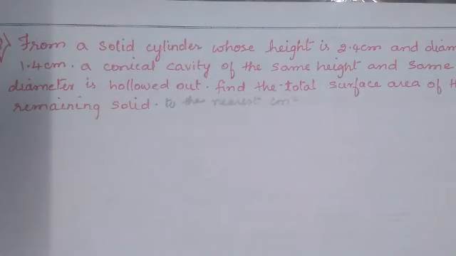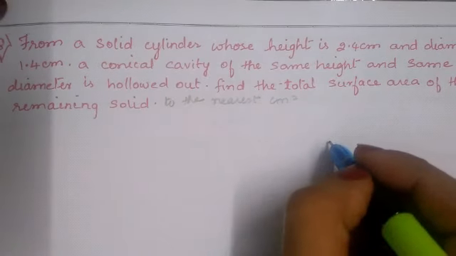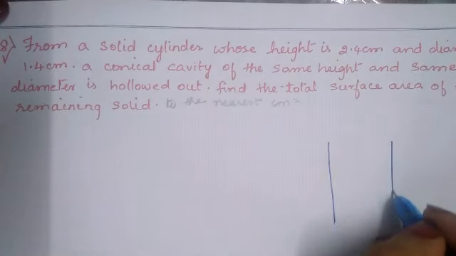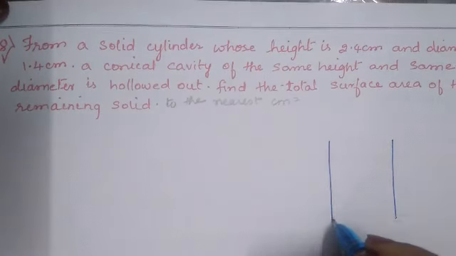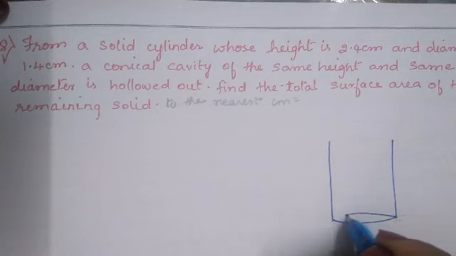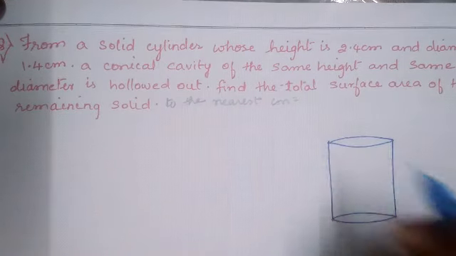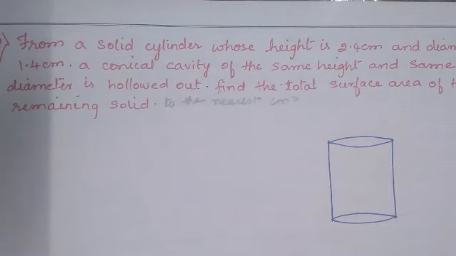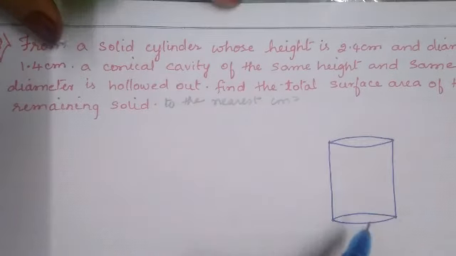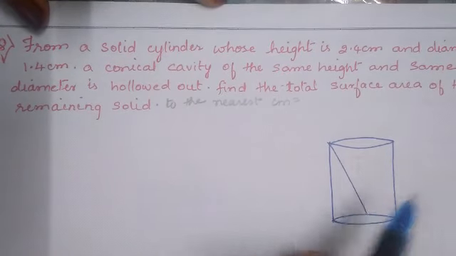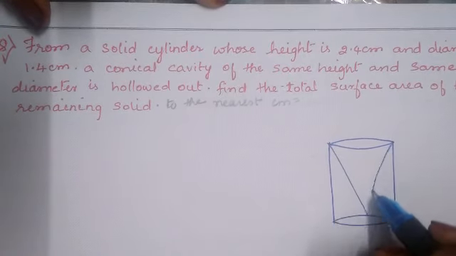Okay, what they have told here, let me draw the figure first. It is told that from a solid cylinder, which is a completely closed figure, a cone is hollowed out.